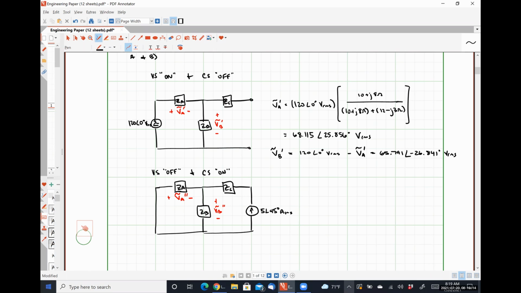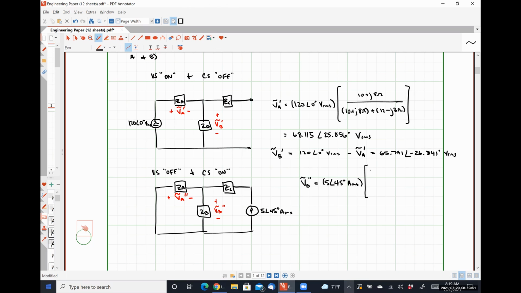So VB double prime looks like 5 angle 45 degrees amps RMS multiplied by ZA times ZB over ZA plus ZB, because we know that all of that current is going to flow through element ZC, and then it's going to flow through that parallel combination of ZA and ZB.